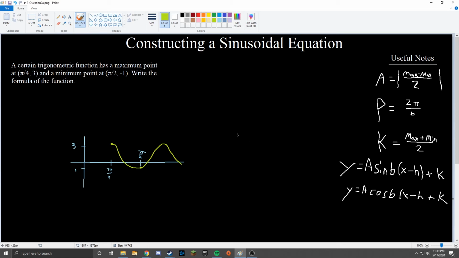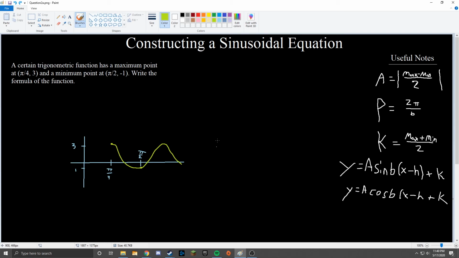All right. So first of all, since we have a maximum, we're starting here. We're going to want to use cosine, because the graph of cosine starts at the maximum. It's just going to make things easier for us. So first of all, we're going to want to find the amplitude, which is what's going to start off our equation.